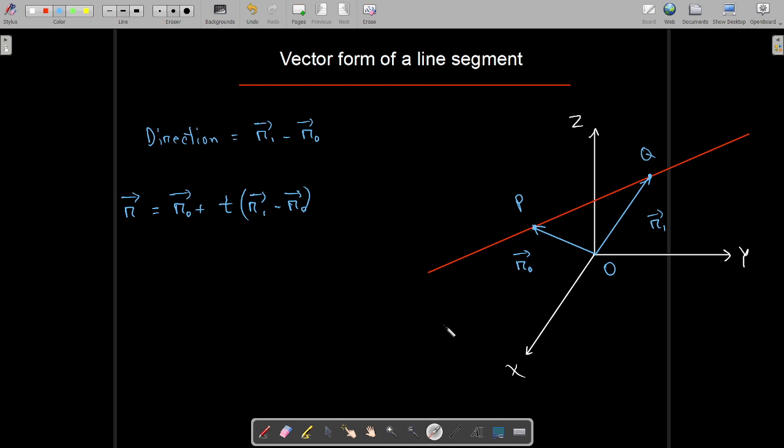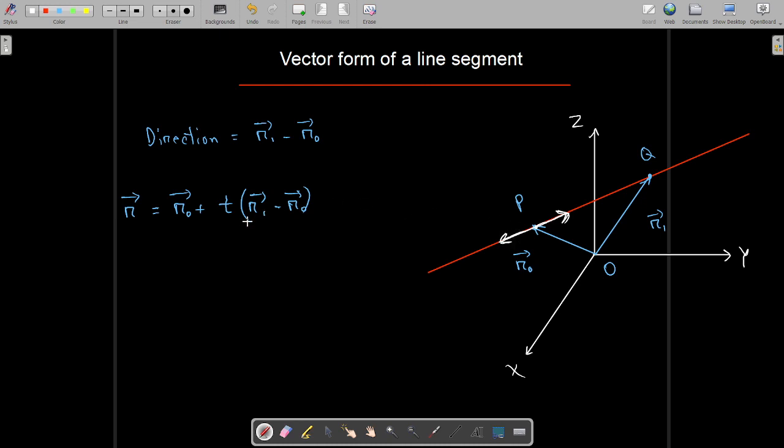How? Let me explain. If let's say t is equal to 1, 2 or some positive quantity, then it will indicate this direction. If t is some positive quantity 0.5, 1, 2, this will indicate this direction, this to this direction. If the value of t is negative, then this will indicate this direction. If -1, -0.5, -2, this will indicate this direction.